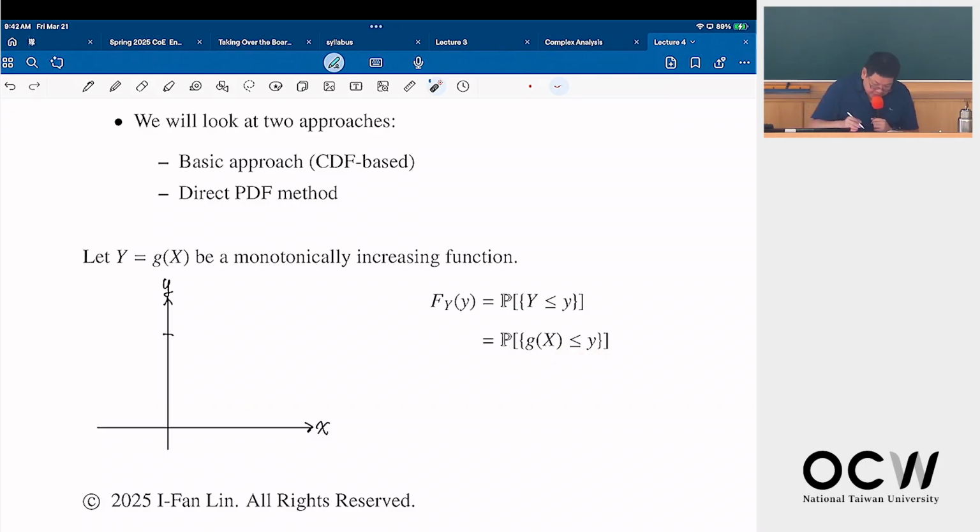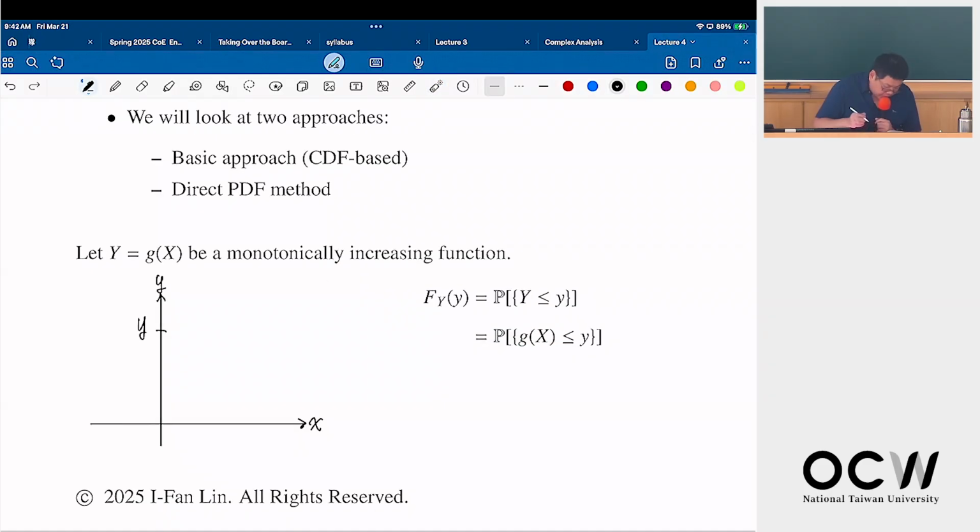Now, since this function is monotonically increasing, that means it looks like this function, g of x. Here I have a y, then the corresponding x is g inverse of y. That is your x.